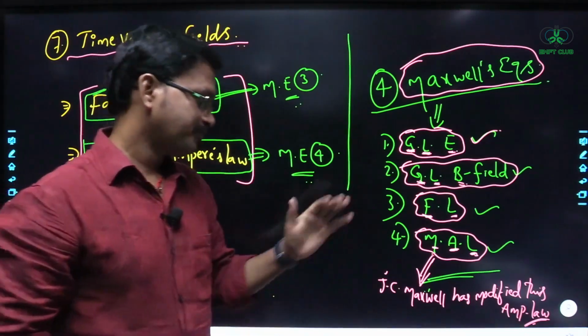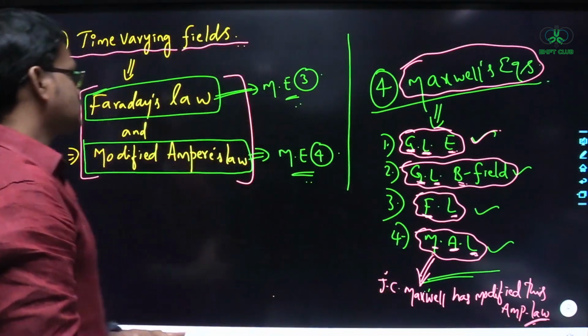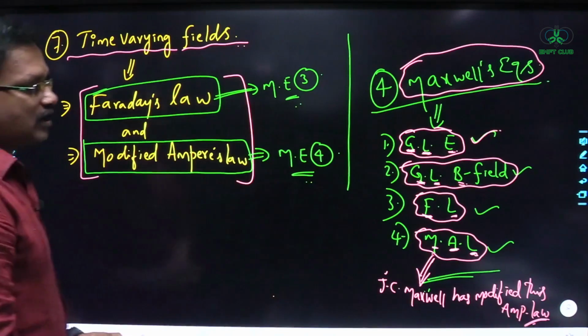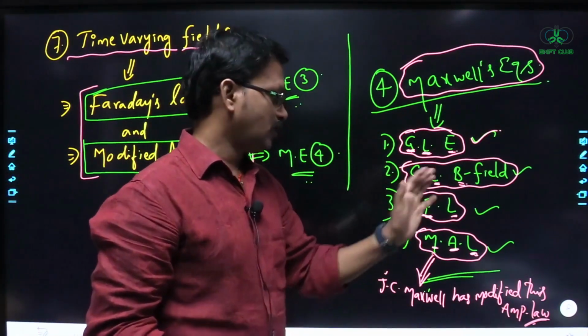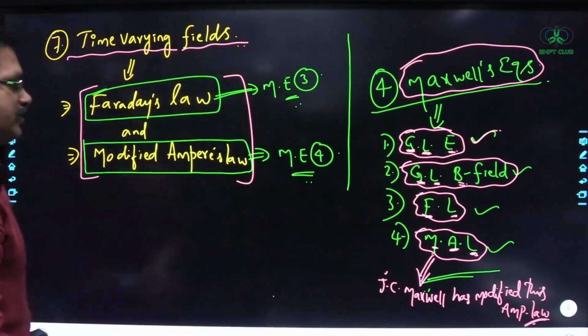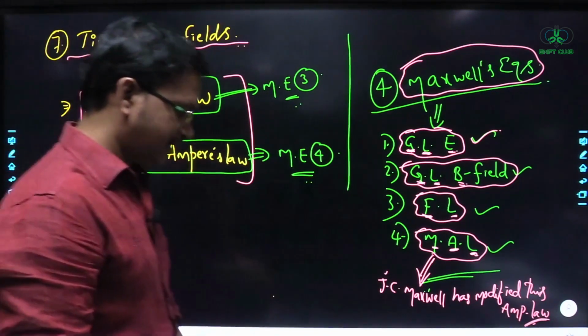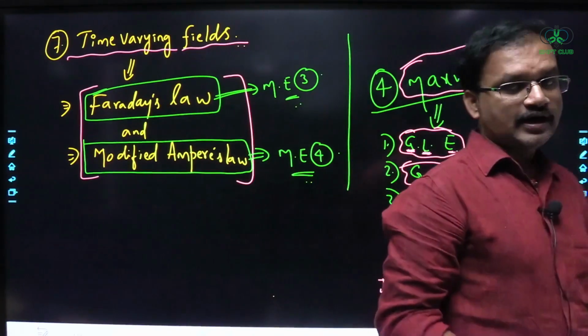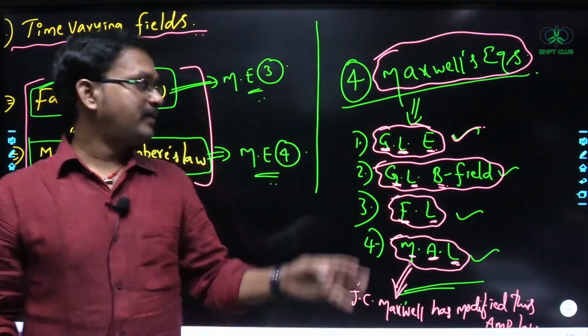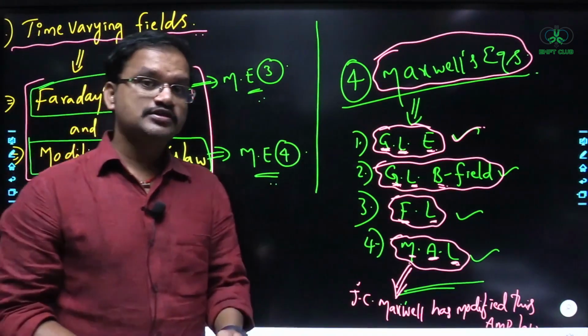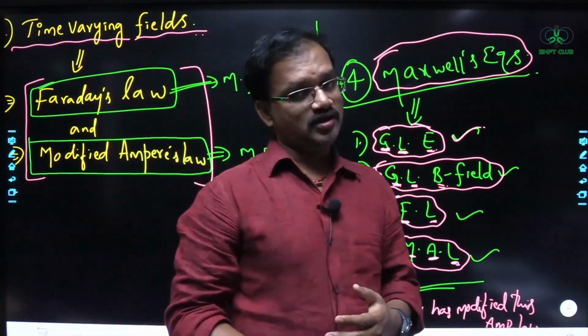Understood? Okay. That is the reason why we call all these laws together Maxwell's equations. I hope it is crystal clear. Maxwell has formulated all the laws of electromagnetics into 4 simple mathematical equations, which we call Maxwell's equations.